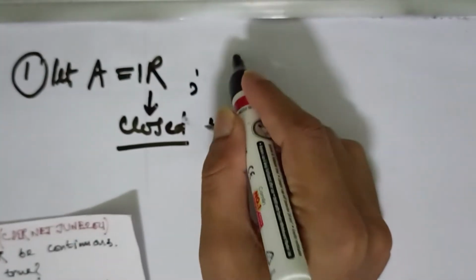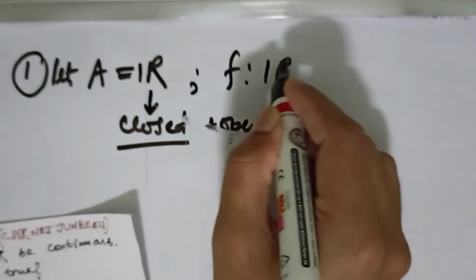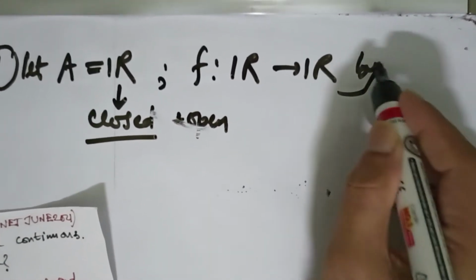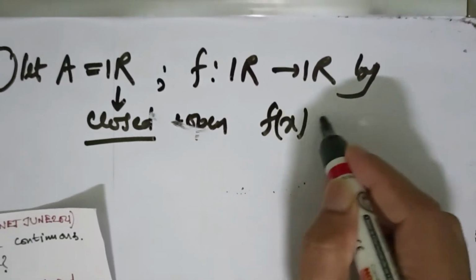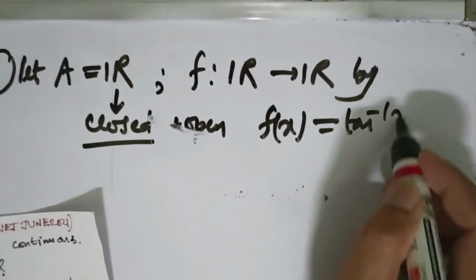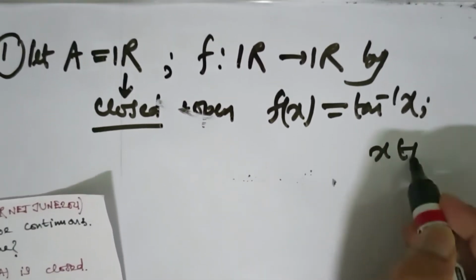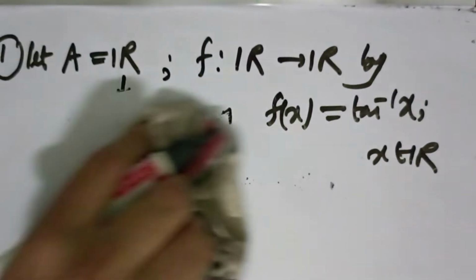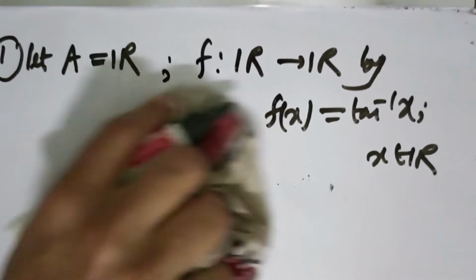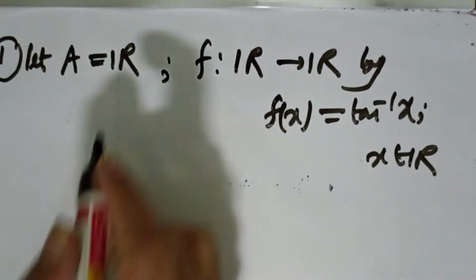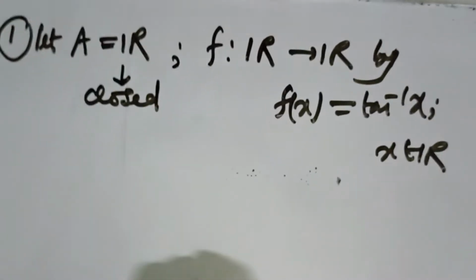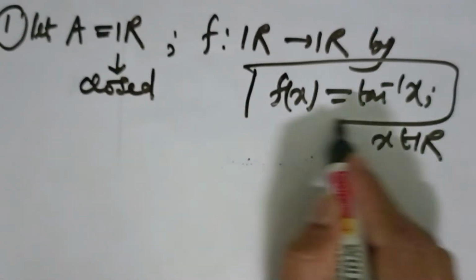Now I choose the function f from R to R by f(x) equal to tan inverse x, where x belongs to R. Then we need the range of tan inverse x.